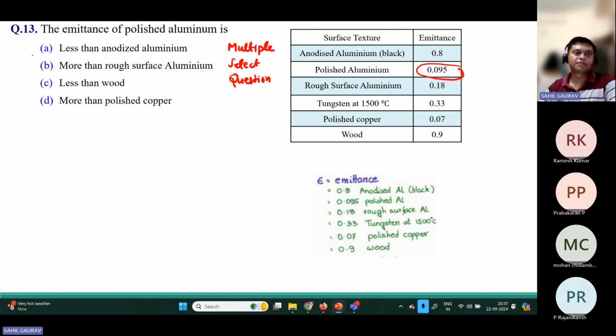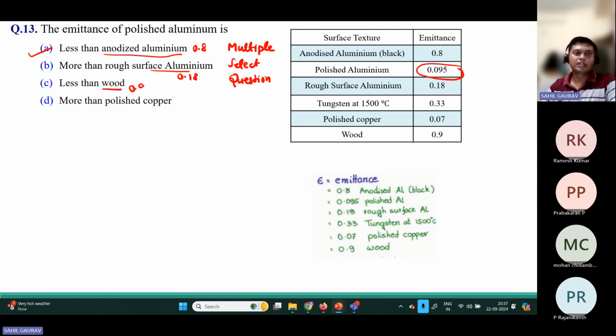So it is correct. More than rough surface aluminum. Rough surface aluminum is 0.18, but its value is 0.095, so it will be incorrect. Less than wood.